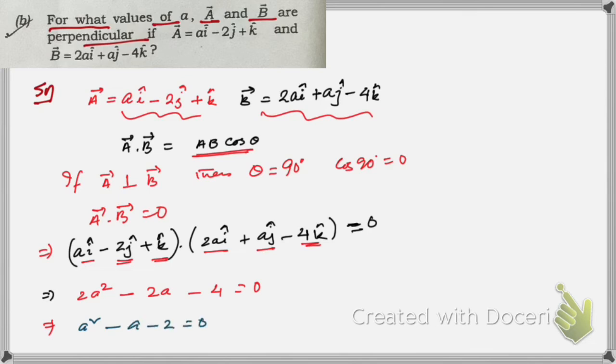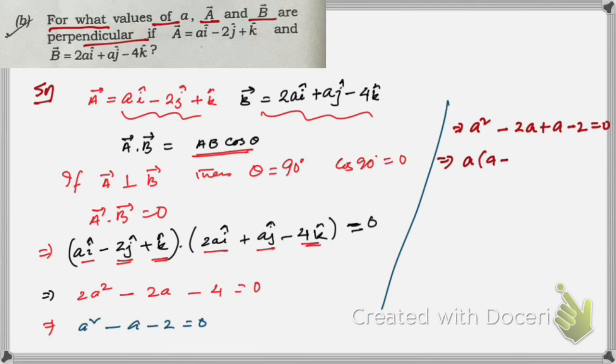And if you split the middle term, what are you going to get? a square minus 2a plus a minus 2 is equal to 0. Just factorize this: a minus 2, then here 1 is taken common, a minus 2 is equal to 0. Therefore what you will get is a minus 2 times a plus 1 is equal to 0.